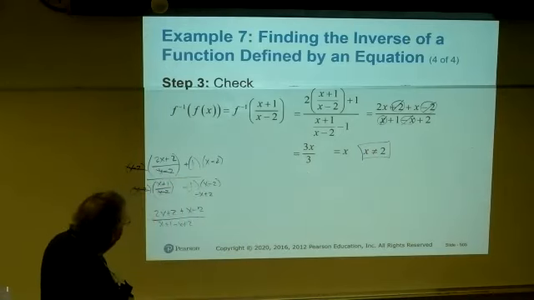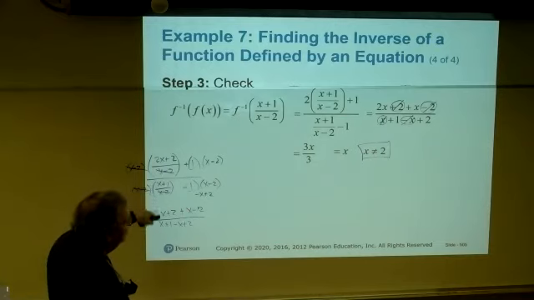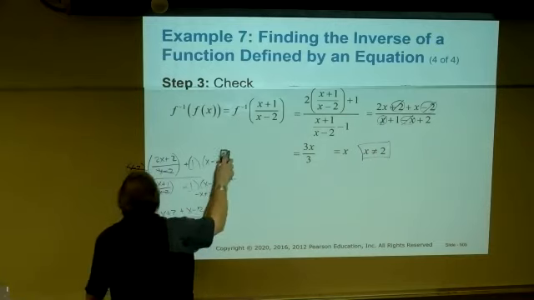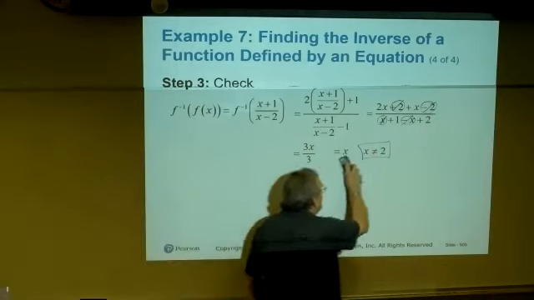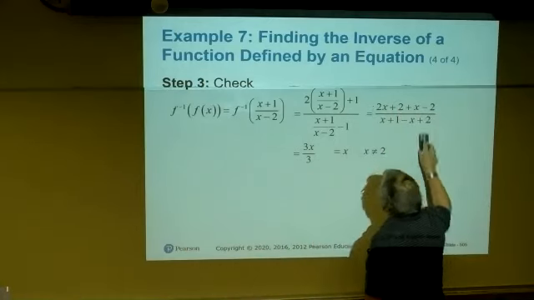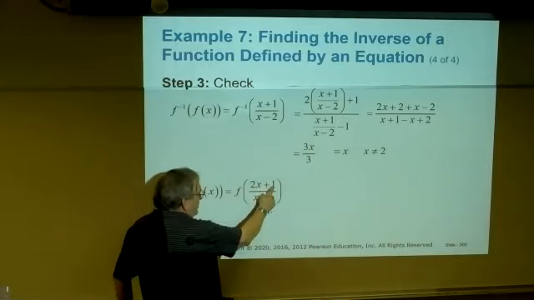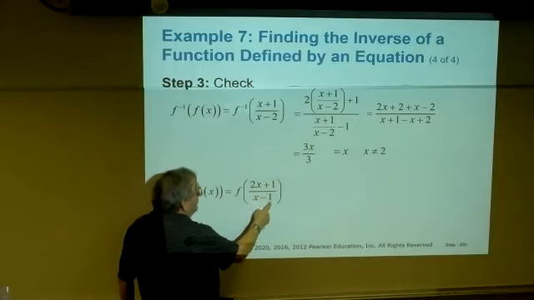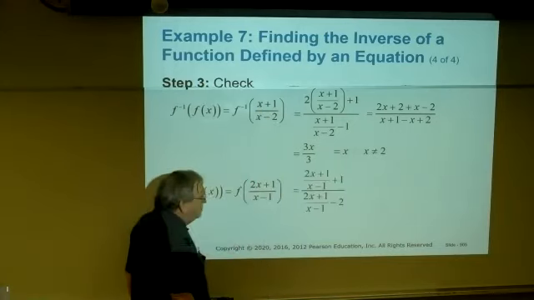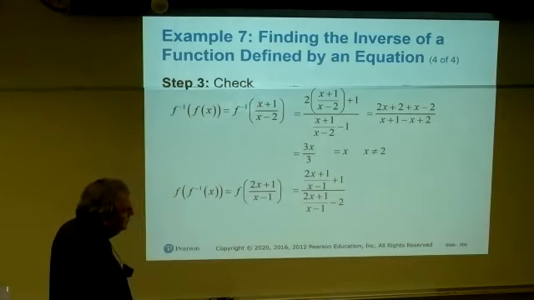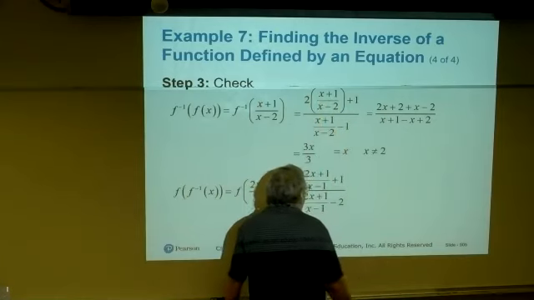Now doing the other one isn't as difficult as this was. Not that this was hard or anything. So now we're going to put 2x plus 1 divided by x minus 1 in place of x in this fraction. Now we don't have to worry about multiplying in by 2 before we do things.